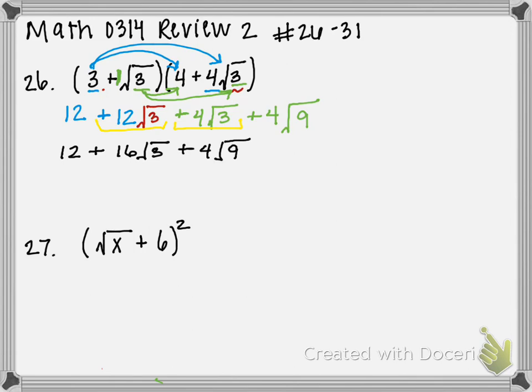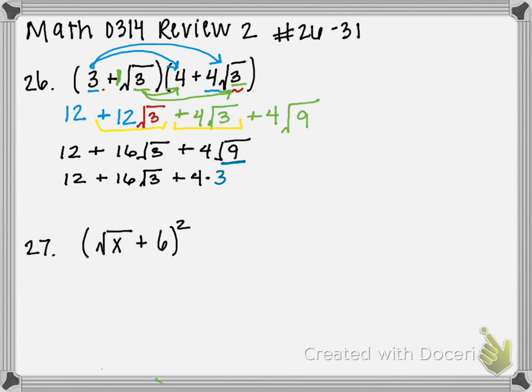So if you look around, you might not see anything to do, but if you look a little closer, square root of 9, we can figure out what that is. We know that the square root of 9 is 3. So this would really be 12 plus 16 square roots of 3 plus 4 times 3.